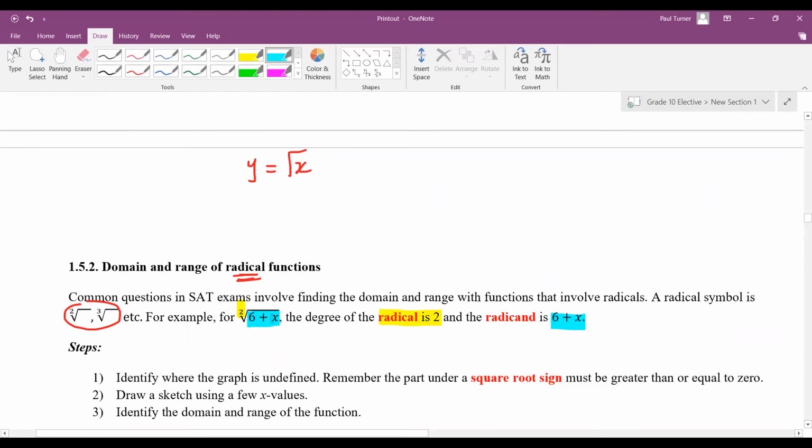Okay, so we think about domain and range. If I was asking you to graph this, what would you do? Apart from crying, don't cry yet. So how are you going to graph this? What would you do? We can get a program and plug it in, but you could choose some X values.